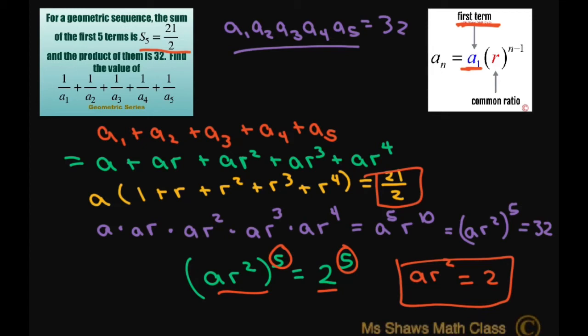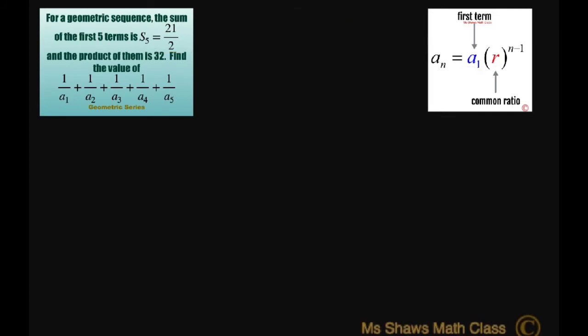We're going to do the same thing with the reciprocal sequence. So we're going to have 1 divided by A sub 1 plus 1 divided by A sub 2 plus 1 divided by A sub 3 plus 1 divided by A sub 4 plus 1 divided by A sub 5.